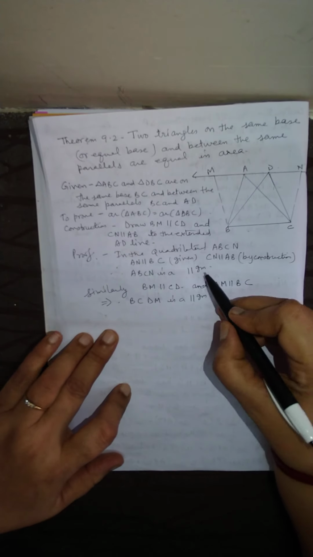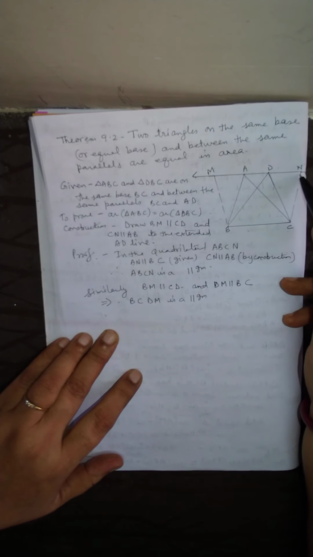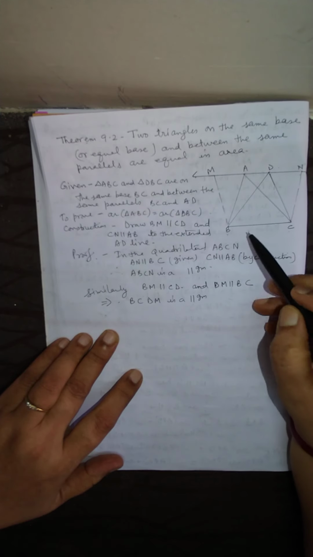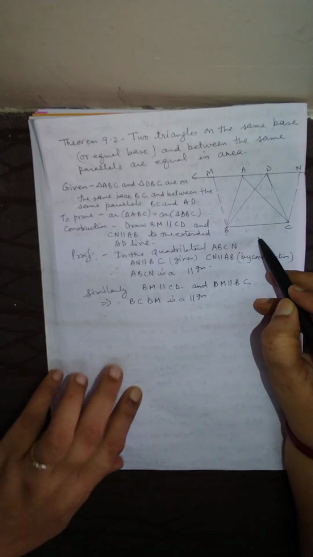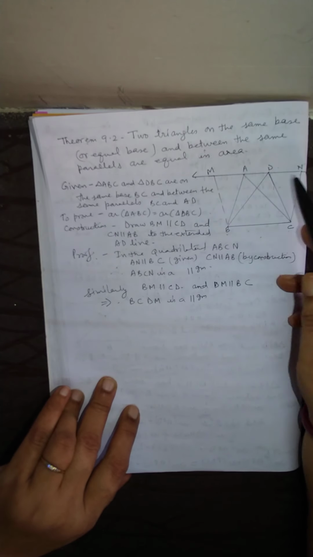Now, both the parallelograms, which ones? ABCN and the parallelogram BCDM. They have the same base BC and they are between the same parallels BC and MN.